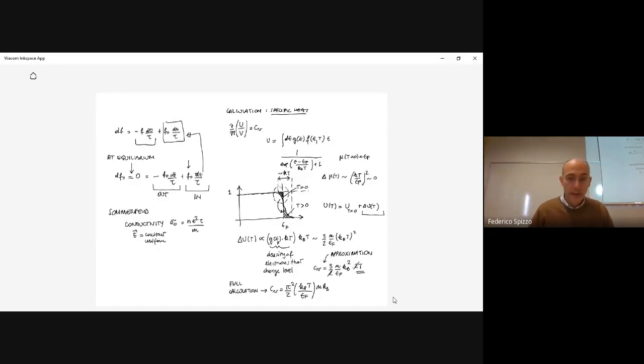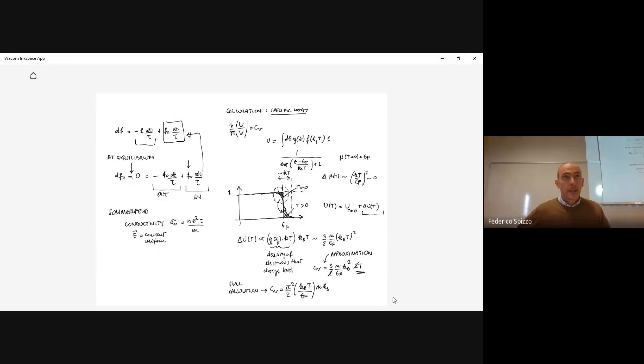The actual value is pi squared divided by 2 times kBT divided by EF times the electronic density times the Boltzmann constant. So again, we have that CV is proportional to T. What changes is just the coefficient. But in this case, I would like to focus not on the coefficient, but on the temperature dependence.